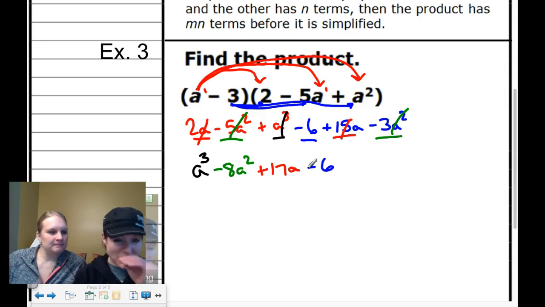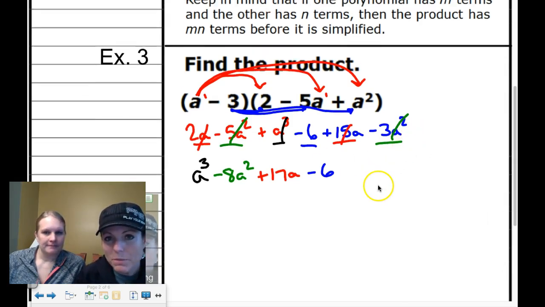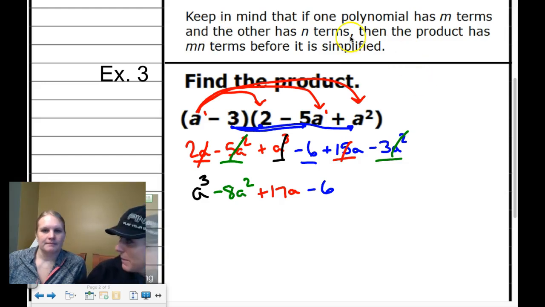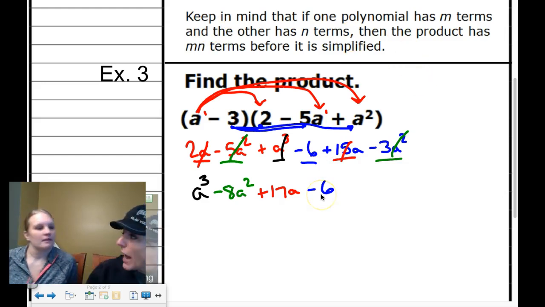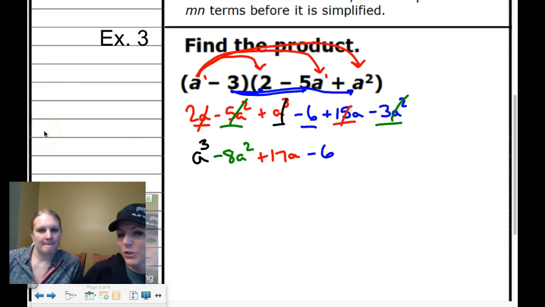Now, okay, let me ask a question. How many terms are in our answer right now? I see 1, 2, 3, 4. Correct. So I'm going to scroll up a minute. I'm going to explain what this statement means right now, because it's a good check as you're going through. Before you simplify it, I should have asked you that. How many terms do we have before we simplified? 1, 2, 3, 4, 5, 6.